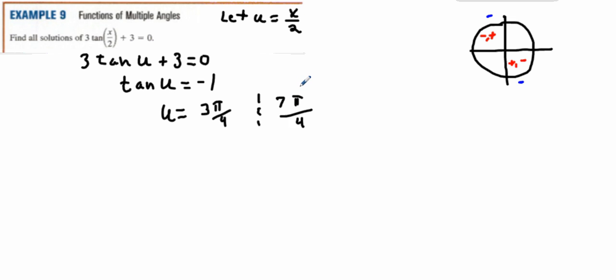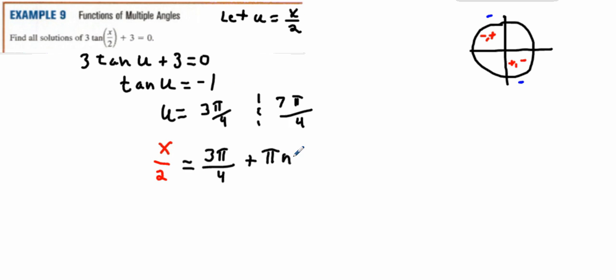Okay, so our next step is we're going to substitute back in our u. And we know u is equal to x over 2. So with a simple substitution, I can say that x over 2 is equal to our first angle, 3 pi over 4. And again, because we are not in a specified interval, I have to tack on our pi n. Remember, the period of tangent is pi, different than sine and cosine.